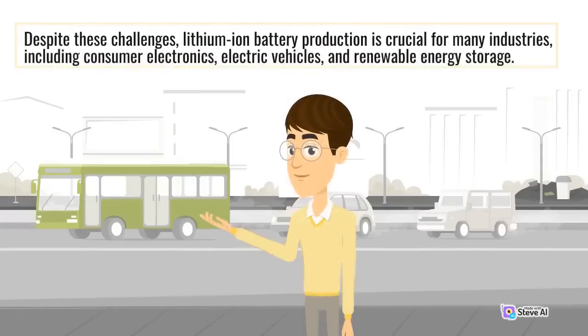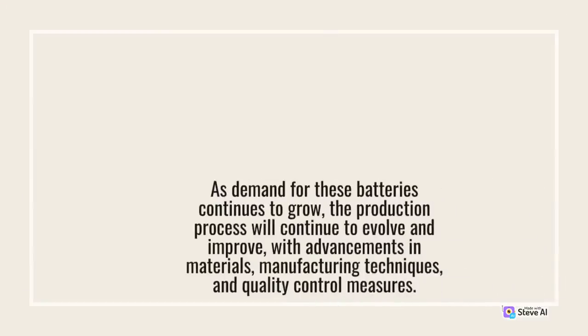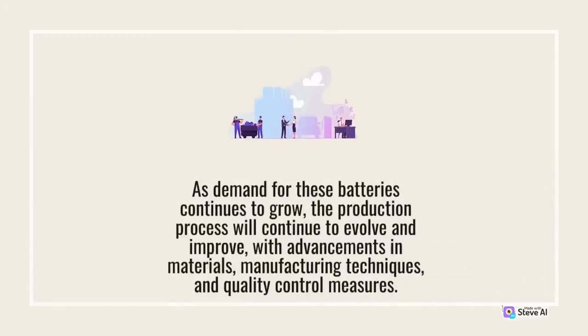Despite these challenges, lithium-ion battery production is crucial for many industries, including consumer electronics, electric vehicles, and renewable energy storage. As demand for these batteries continues to grow, the production process will continue to evolve and improve, with advancements in materials, manufacturing techniques, and quality control measures.